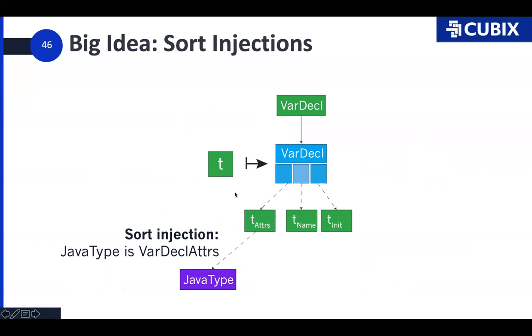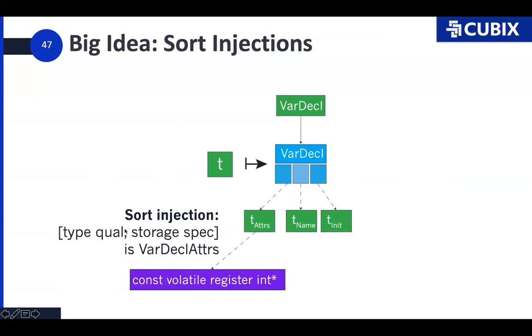So in Java, if we include this variable declaration node and we have a sort injection from Java type to variable declaration attributes, the sort injection is just an injective function between sorts. It's a subsorting relation. So for the Java definition, we make Java type be a subsort of variable declaration attributes. And now you can use Java int and string where the attributes go.